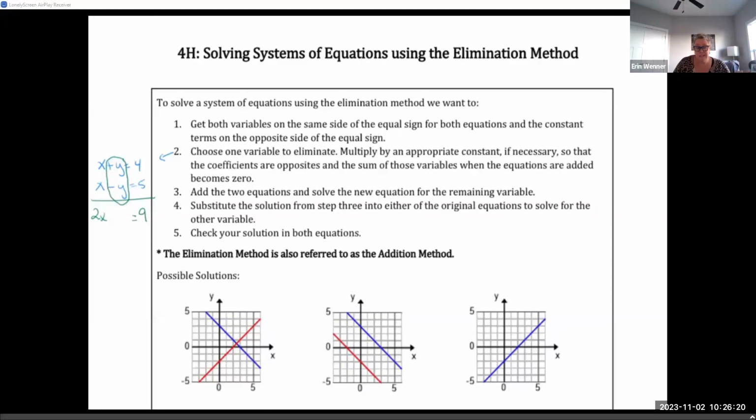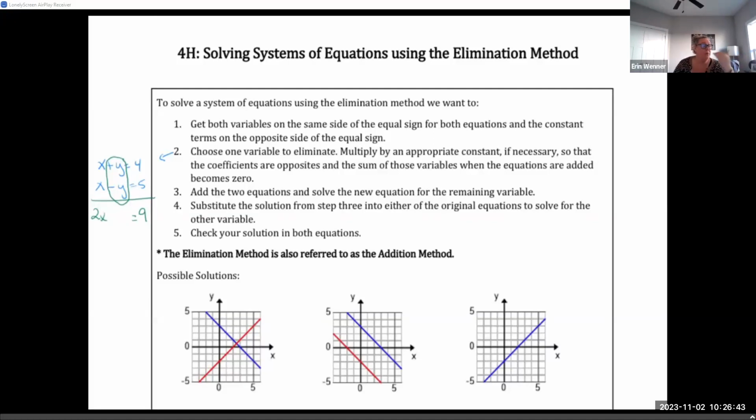So it's kind of like the substitution method in terms of trying to get rid of something, but in some cases, this is the better method to use over the substitution method if you already have your variables as opposites, okay? So that at its heart is what is happening in the elimination method.